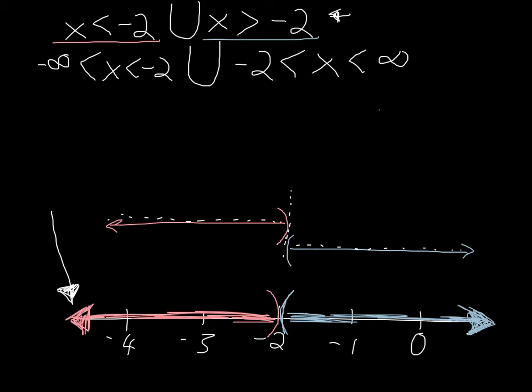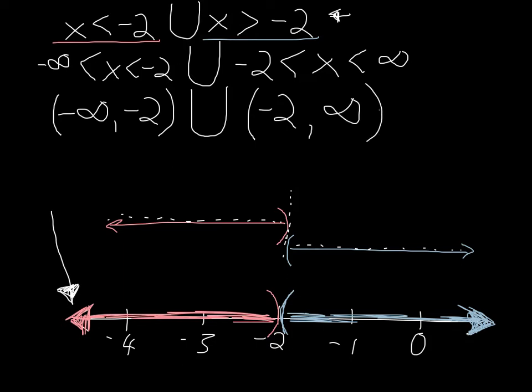So again, this is the trickiest kind of problem you're going to get. We got to write this in interval notation as never going to get to negative infinity, but we go all the way up to negative 2, but don't touch it, so we have a round paren, and it's that arrow unioned with negative 2, but we never touch there from the right-hand side, all the way up to infinity.